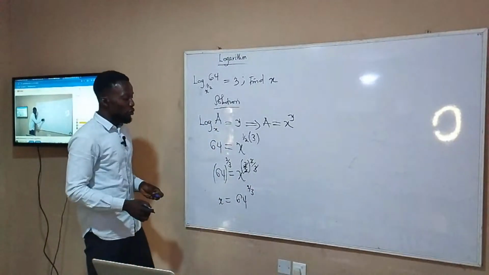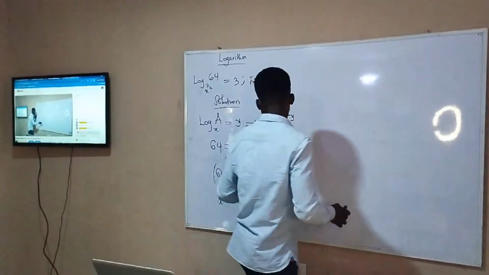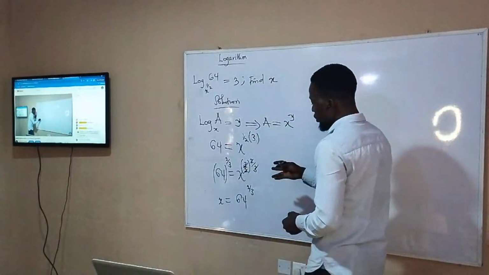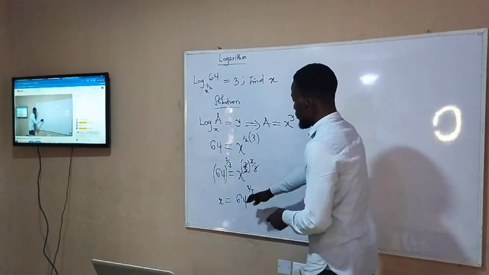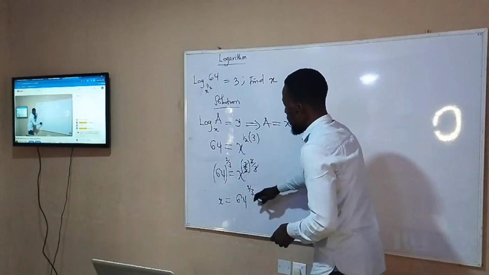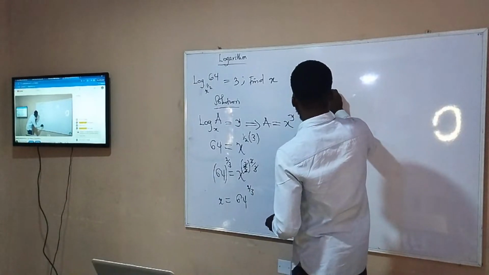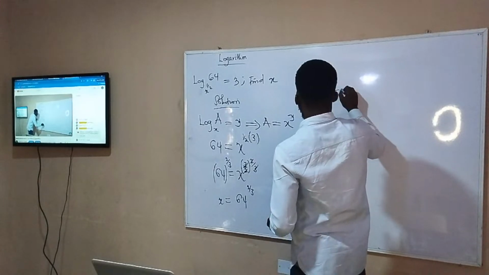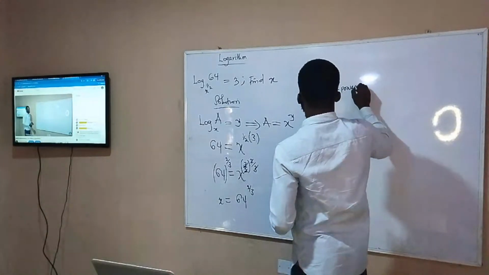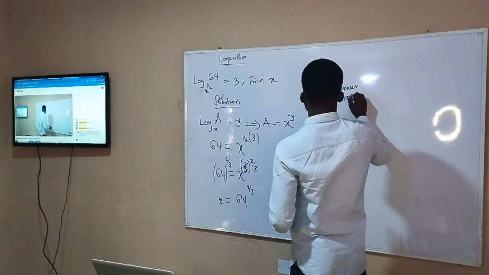If you have not forgotten, I also told you that whenever you have a raised to x over y, this x will be the power, and this y will be the root.